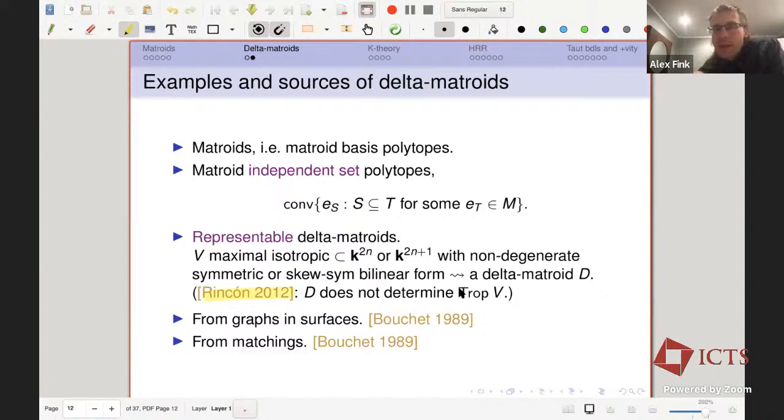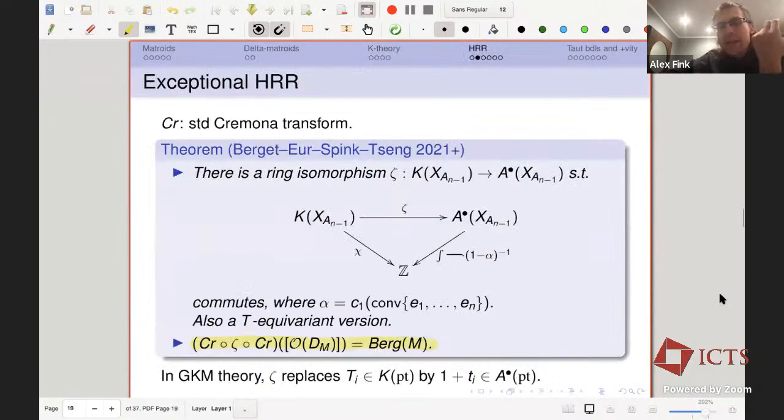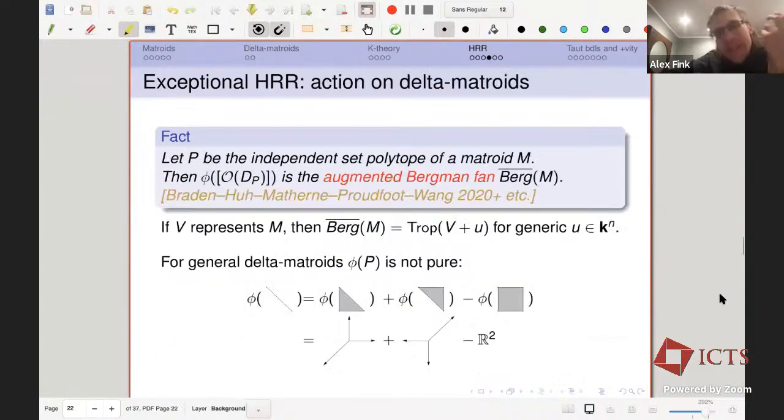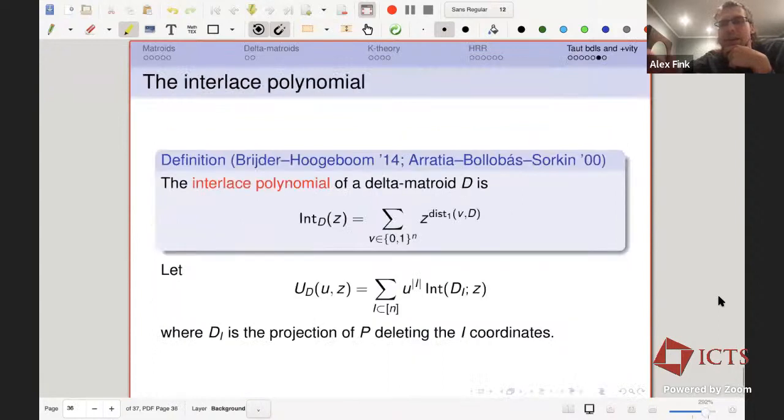Is there a way to translate these results, the positivity results and so on, into tropical language, or what do they mean in the tropical world? I suppose what the results say is that in principle, yes. If you have an invariant you care about, for instance, I skipped the slide where I defined one, here's a function of delta matroids, the interlace polynomial, which people care about.